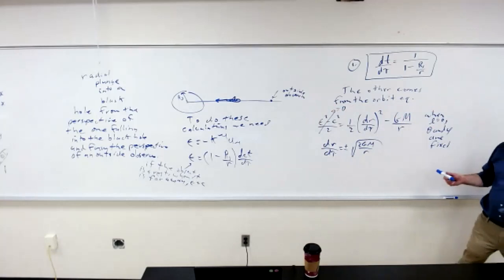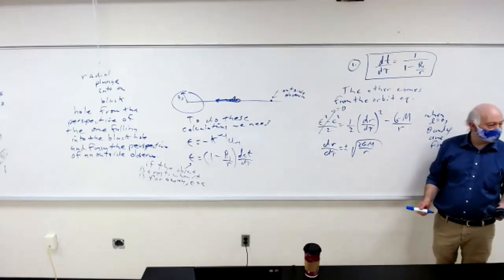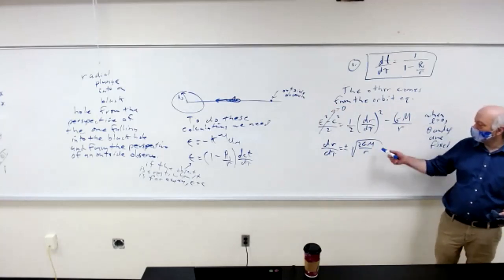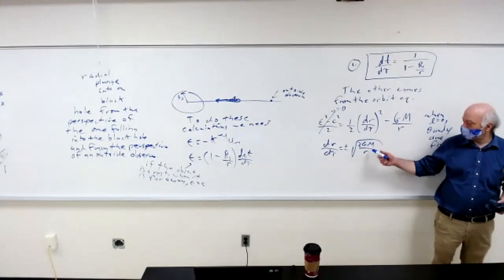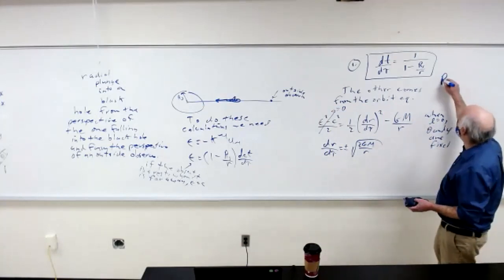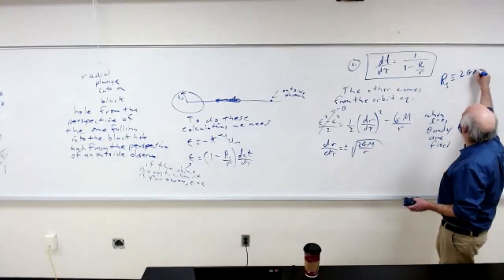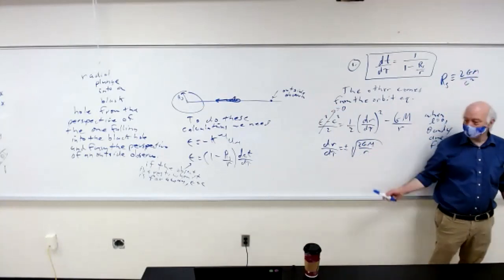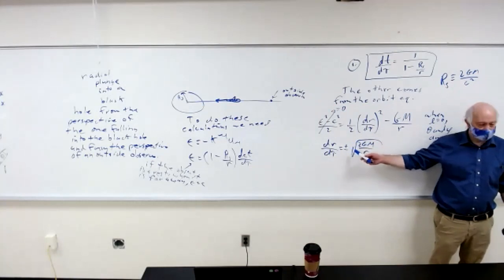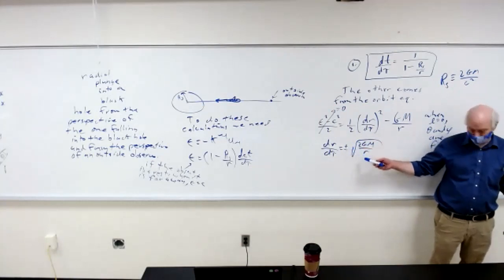Okay, let's make that look a little more in terms of the Schwarzschild radius. What are we missing here? In terms of the Schwarzschild radius? Remember, the Schwarzschild radius is 2GM over c squared. So what I'm going to do here is multiply top and bottom by c and take one of the c's in here.